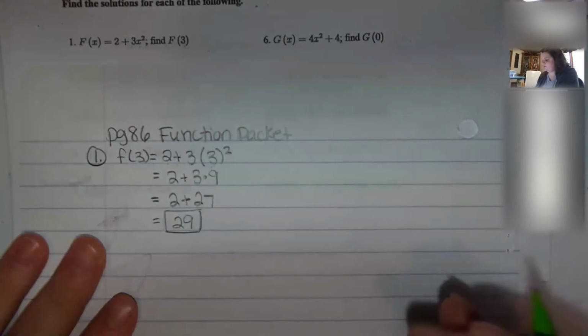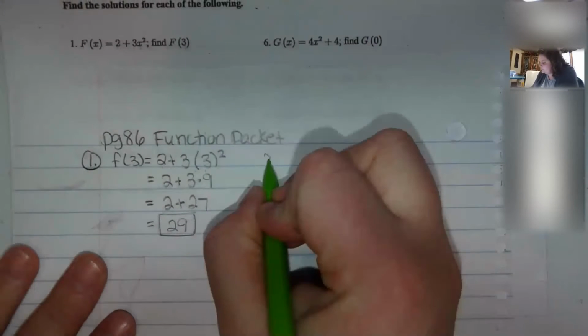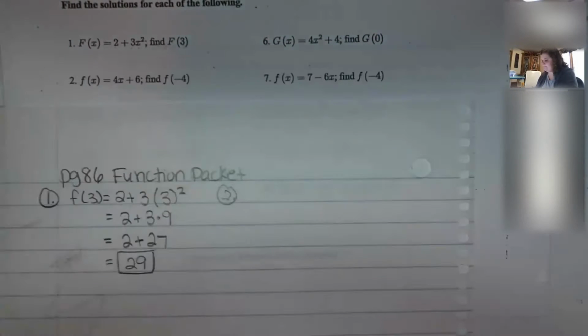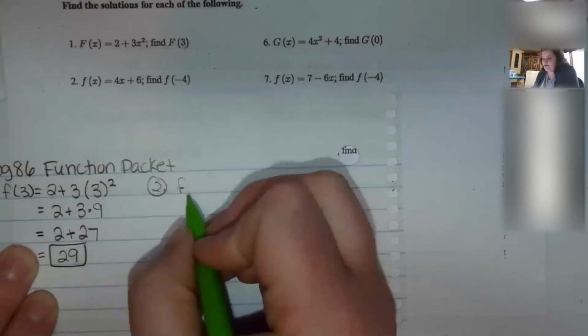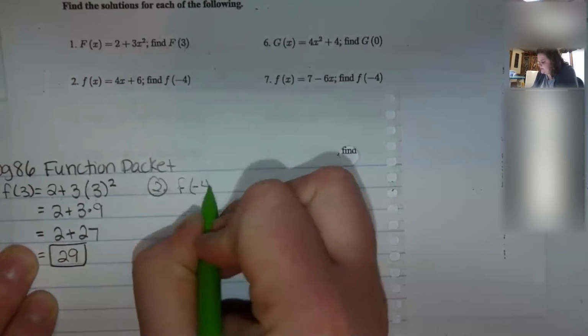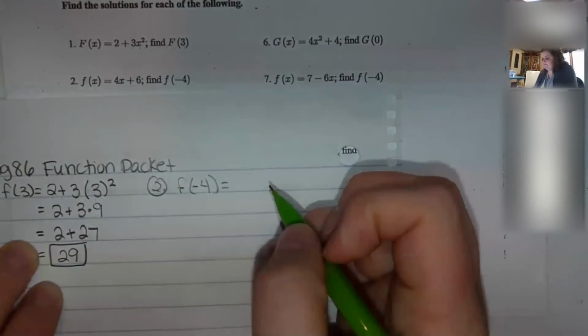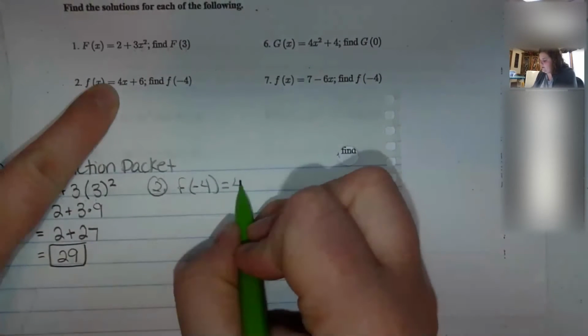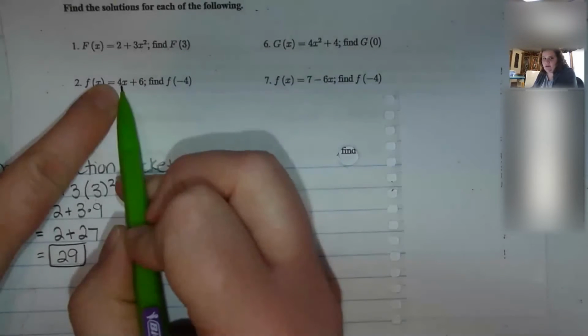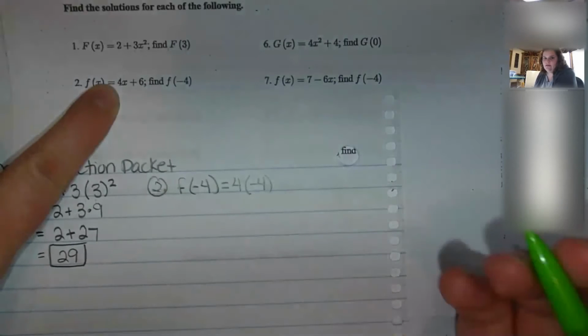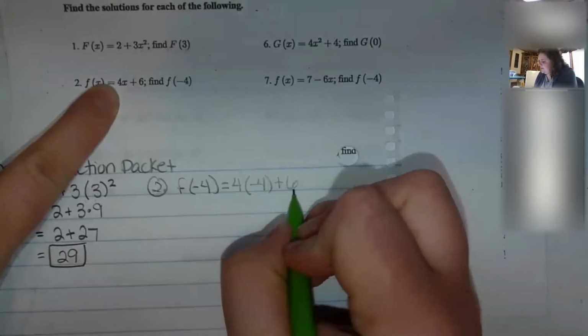Okay, let's try number 2. Number 2 says f of negative 4. So every time I see an x, I'm going to put in a negative 4. So I have 4 times negative 4, because that's an x, and now I'm plugging that in for it, plus 6.